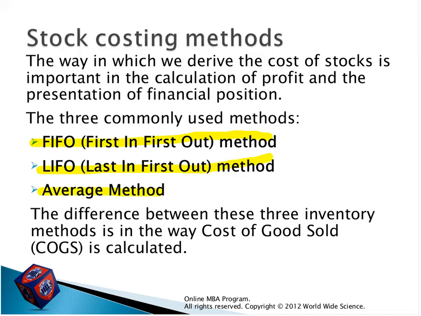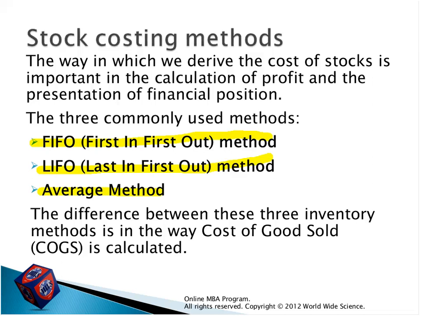So based on these 3 methods, the companies mostly choose one and try to interpret it in the calculations, and based on which kind of method you choose, it will reflect your profit after in the income statement, as well as the company's financial position.